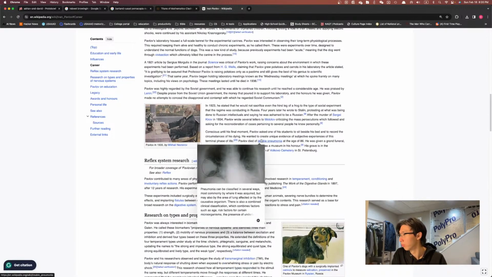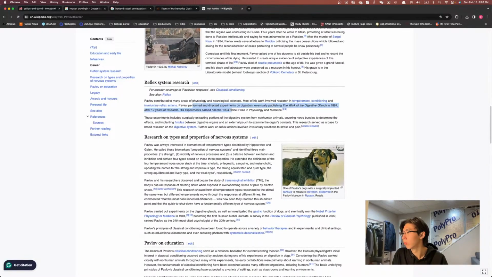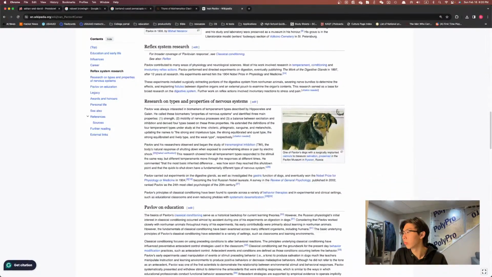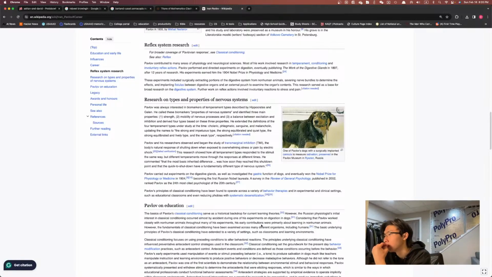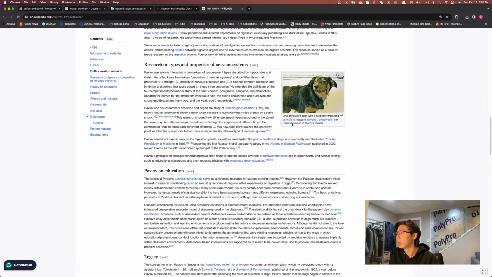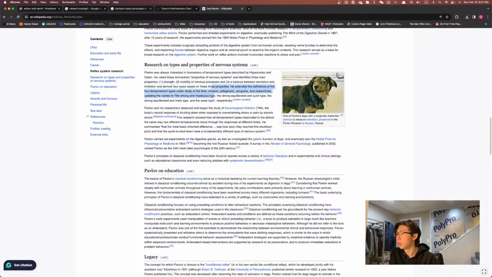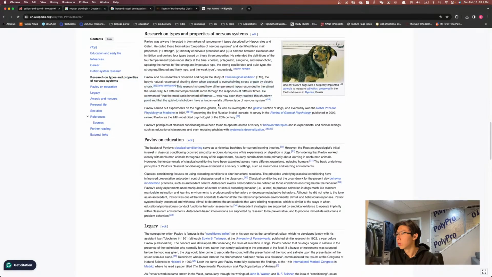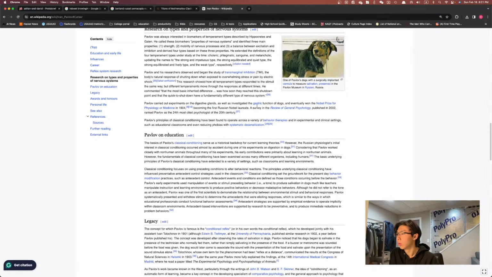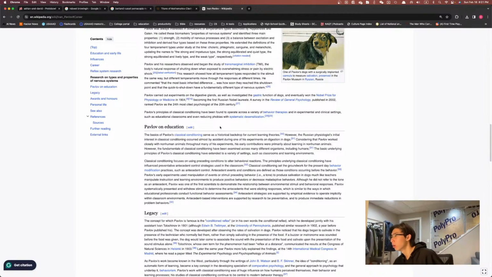And he died of double pneumonia. Okay, he's the first Russian Nobel Prize laureate, which is not a surprise.